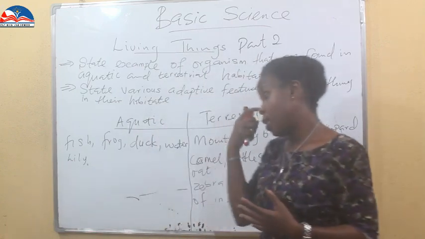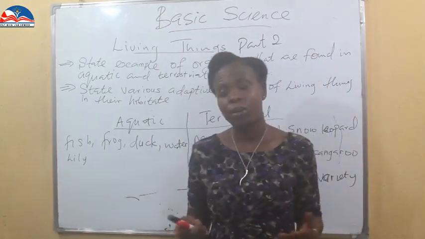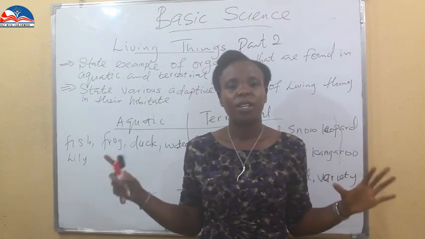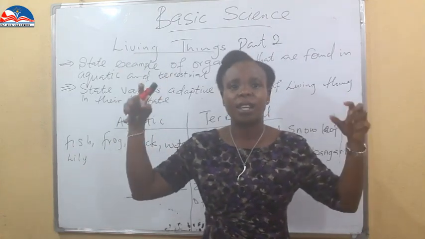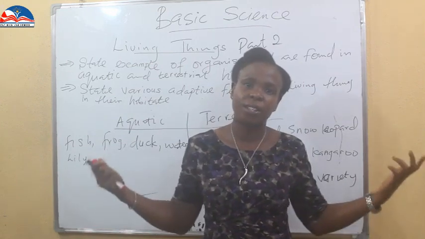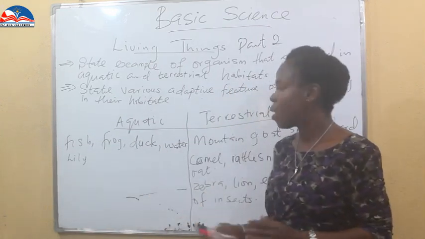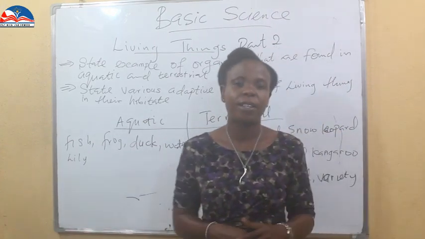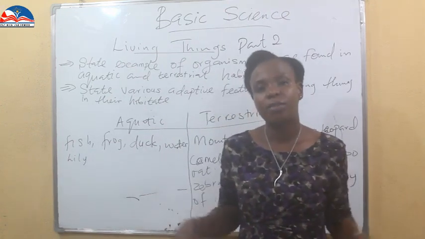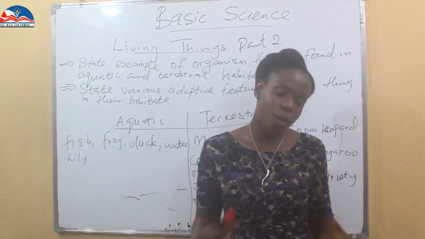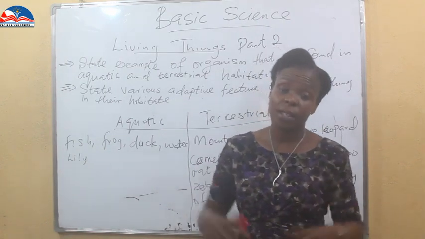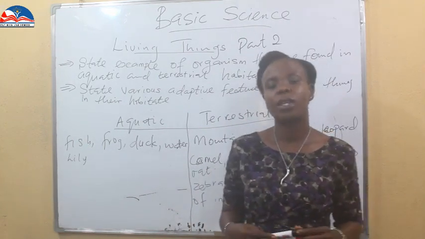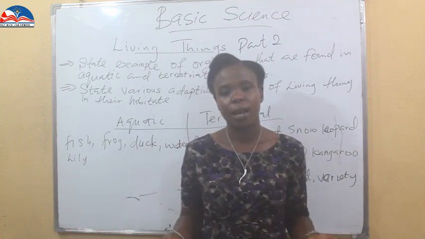Then the desert: the camel, the rattlesnake, the kangaroo rat, and other plants. These plants can just be in the desert and survive there because they don't need much water. Then we have zebra, lion, elephant, and different varieties of plants and insects that live within the habitat. Because they have a supportive nature that supports their existence, they are able to function in there. So these are examples of things that exist in different habitats.